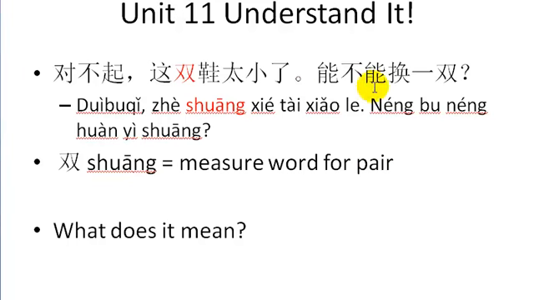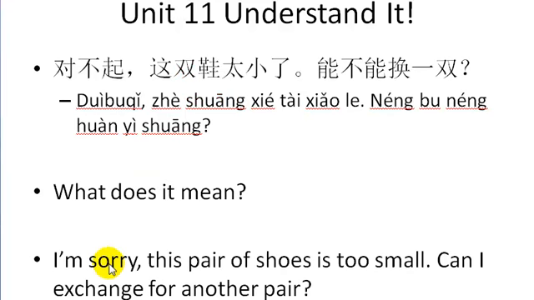Okay, so 能不能换一双? So what do you think this means? 对不起，这双鞋太小了，能不能换一双? So pause and write down what you think that means. So hopefully you had something close to, I'm sorry, this pair of shoes is too small. 这双鞋太小了.